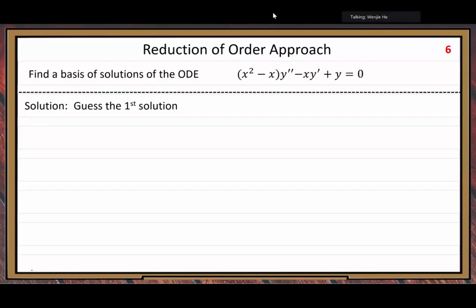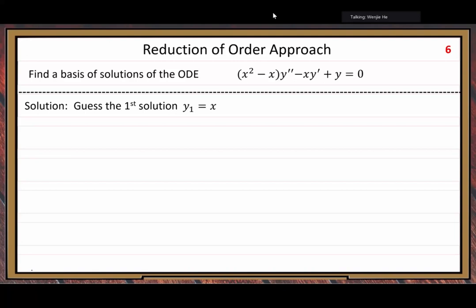To make that method work, we need to guess a first solution. Sometimes hard, sometimes easy. But here we want to guess just one solution first. Look at y1 equals x. You can check.